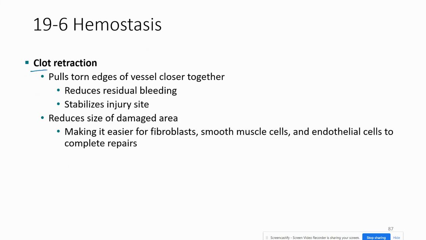Clot retraction: they don't give us a picture of it, but it starts to pull the torn edges of the vessel close together. If this is my vessel that was torn, and my other side of the vessel, it's going to pull them together, stabilizing it. As this happens, you've got a whole bunch of mechanisms completing repairs so that scar tissue can come in.